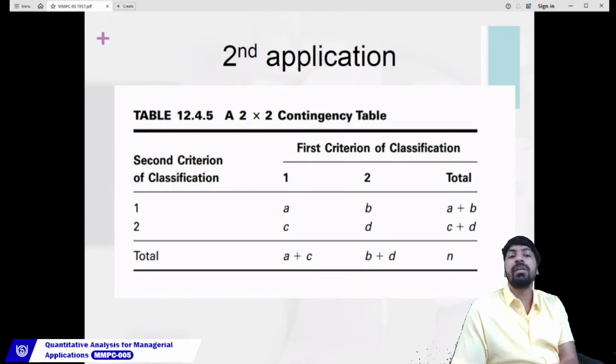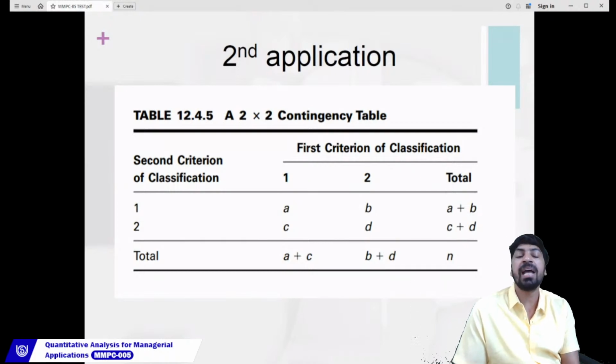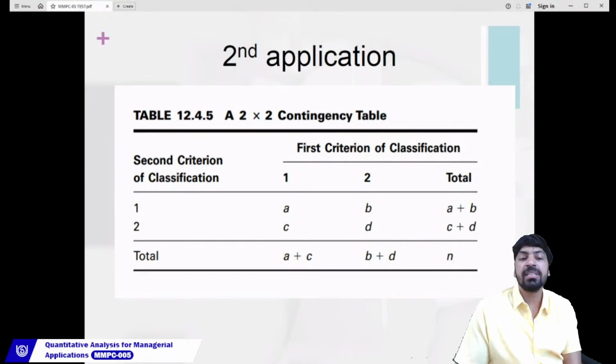The row totals are A plus B and C plus D, and the column totals are A plus C and B plus D. So whatever observed frequencies have been given in the table, those values are added together, and accordingly we calculate the total of row and column.